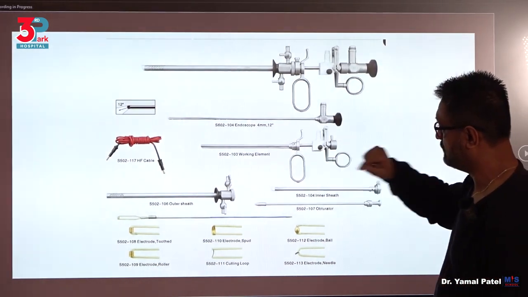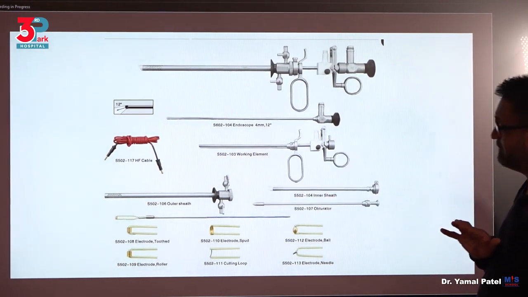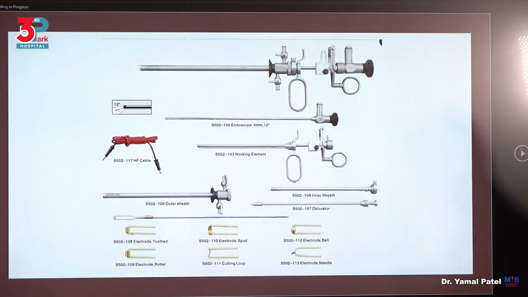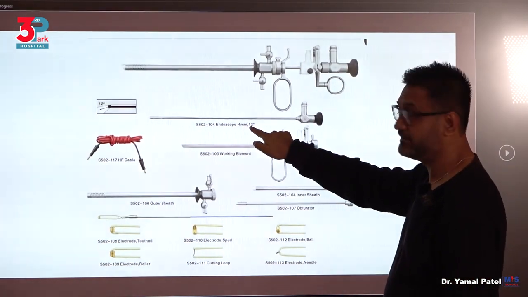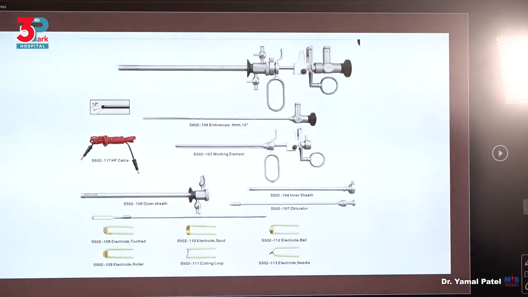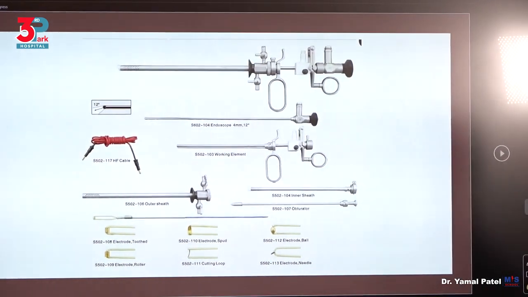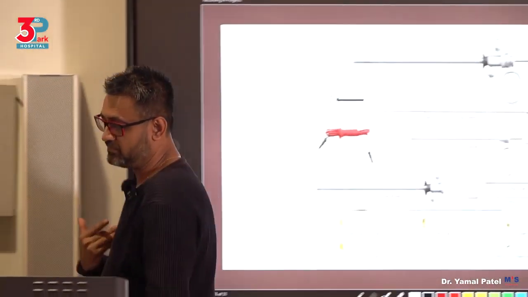So this is the working element and then the electrode. So this is basically a resectoscope that you would use. I told you the telescope, see, it's already written 12 degrees. So it's almost understood that when you are talking of hysteroscopy, the scope I'm going to use is a 12-degree scope.